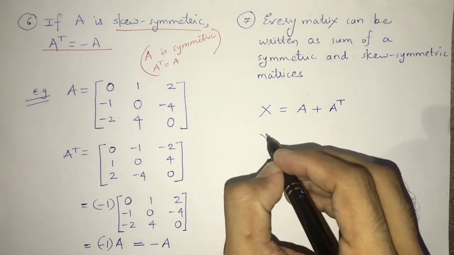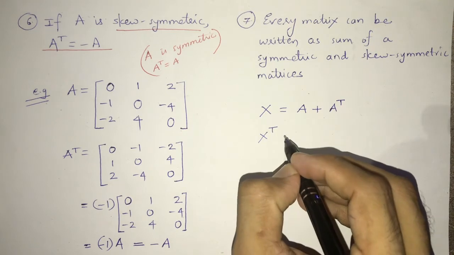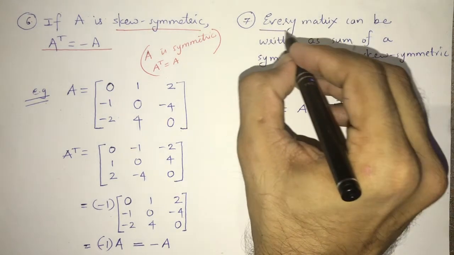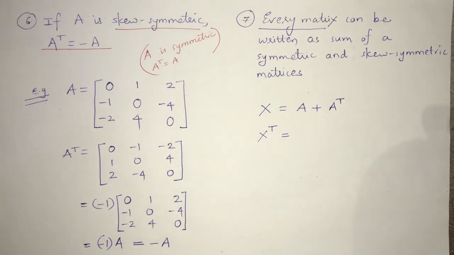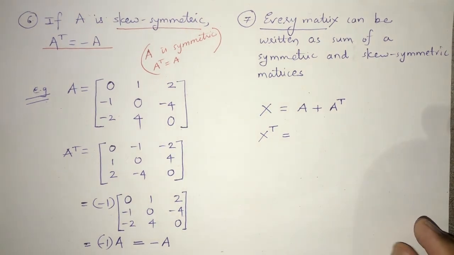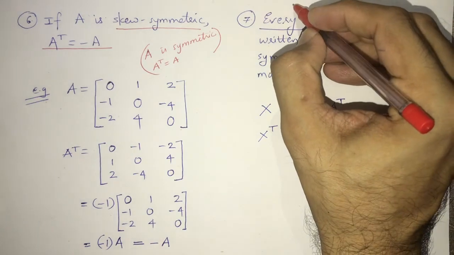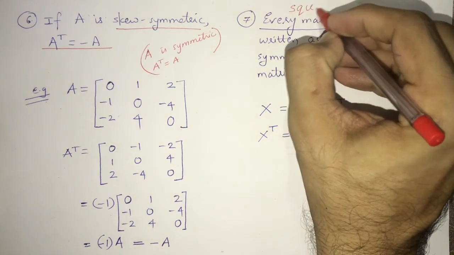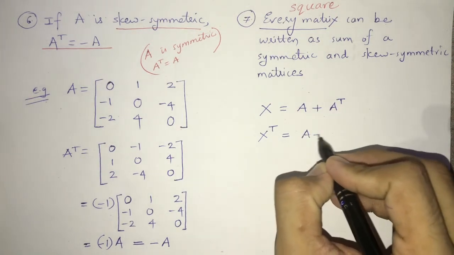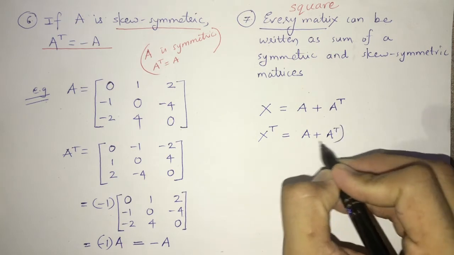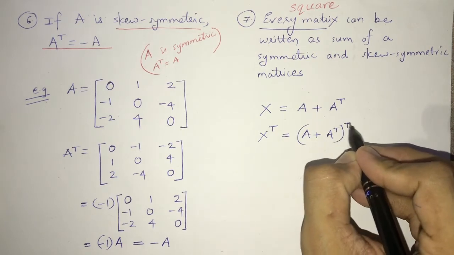If I take a transpose of this matrix, see here again, when we are talking about symmetric, skew symmetric things, by default I'm going to talk about square matrices. So every square matrix can be expressed as a sum of symmetric and skew symmetric matrices. So X is A plus A transpose. X transpose is A plus A transpose the whole transpose.